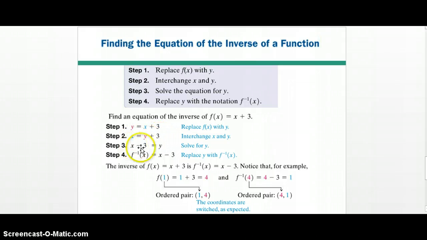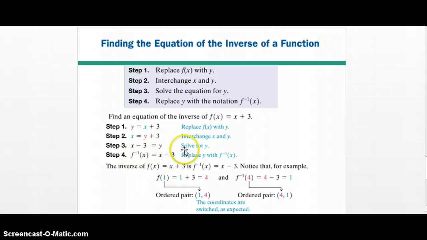We will get x minus 3 equal to y. Fourth step, replace y with f inverse of x. So f inverse of x equal to x minus 3.